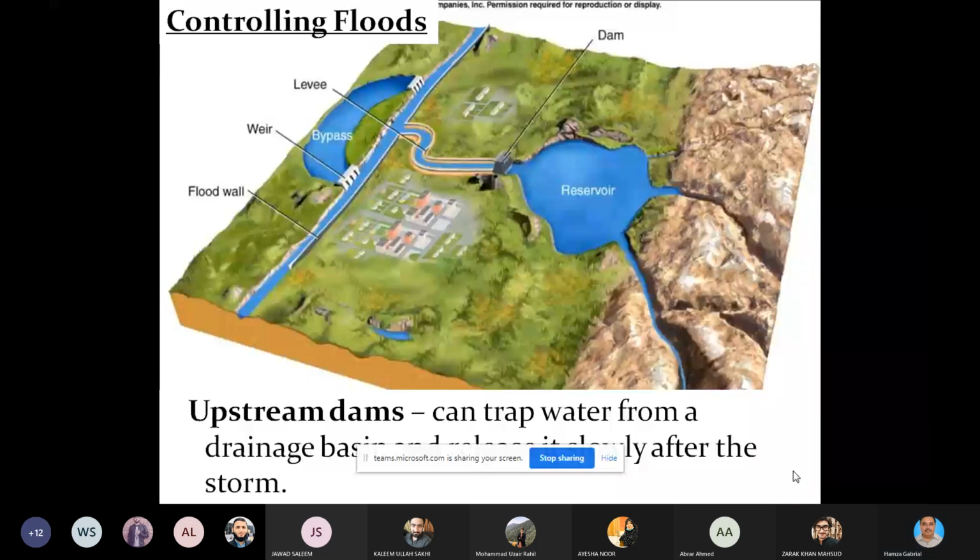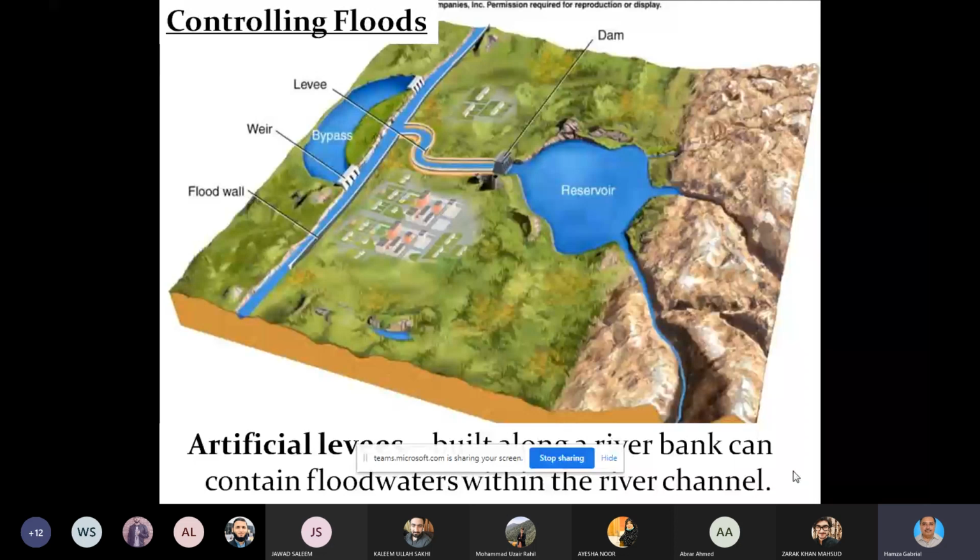Second, we can construct artificial levees parallel to the river banks on either side, on the areas which we want to protect from the flood, the right bank or the left bank, so that the flood water will remain within that channel and the area between the embankments, and it will not inundate the adjacent area.